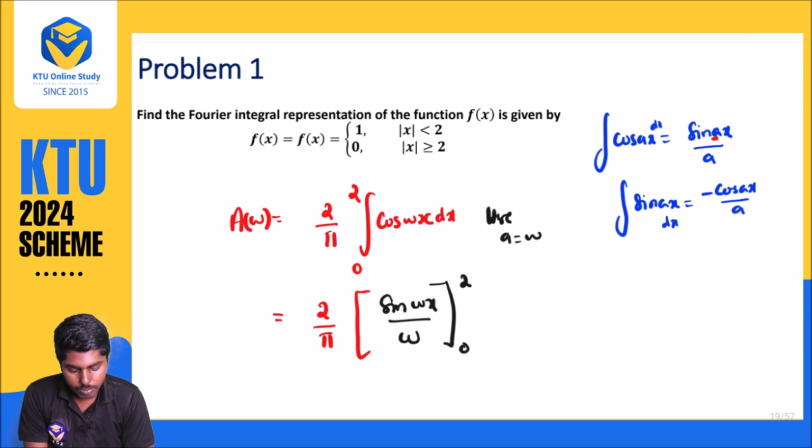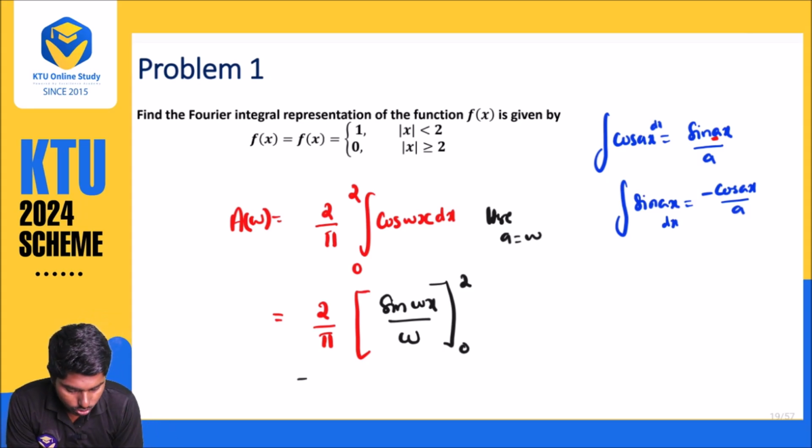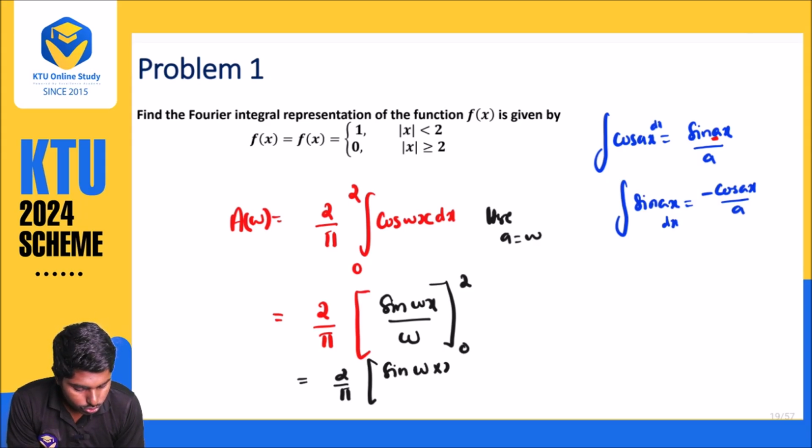Now apply the limit. When you are applying the limit, it is upper limit minus lower limit. So it is 2 by pi times sin 2 omega divided by omega minus sin 0 divided by omega. What is sin 0?